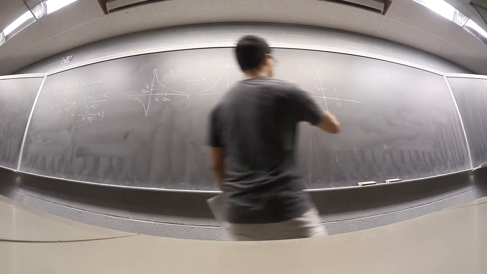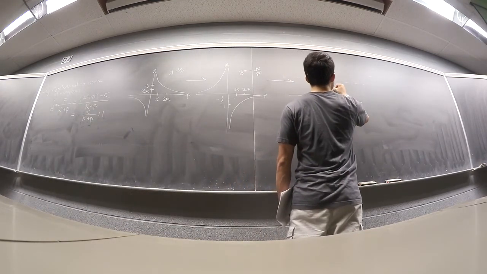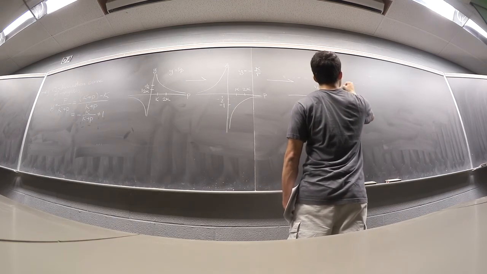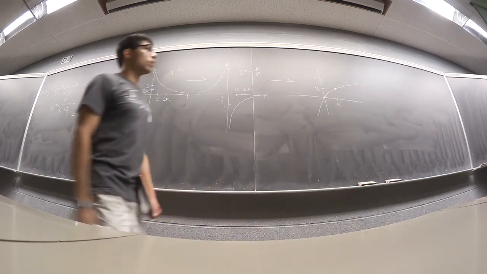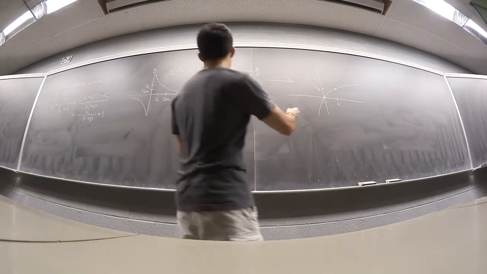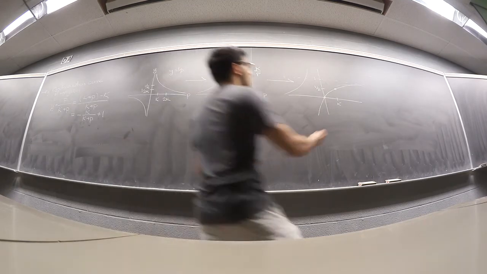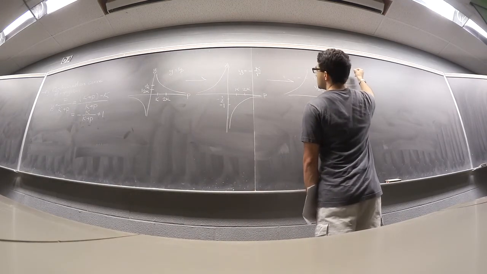And so we're going to have something that looks like this. Pretend that went through. And that other branch is going to do something we don't care about.